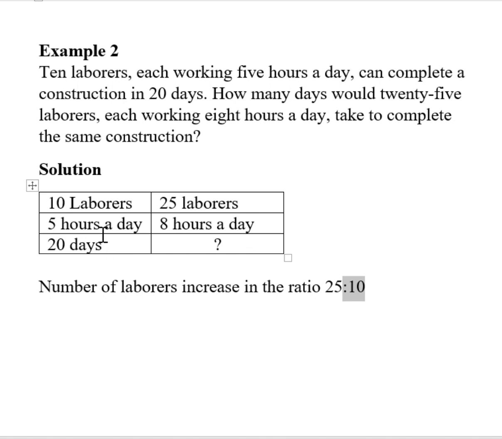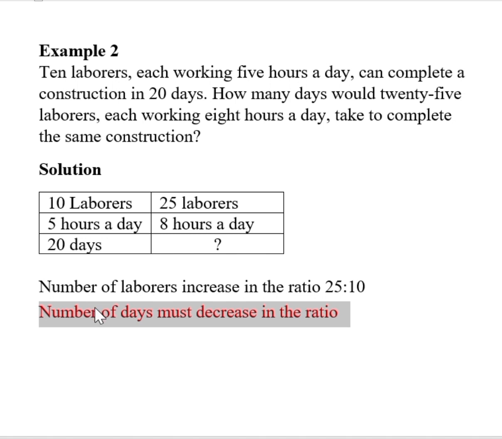So if you increase the number of laborers, it means they will work for a lesser number of days. The number of days they will work will reduce. So in ratio form, we shall say the number of days must decrease in the ratio. Interchange these figures. So it will be 10 to ratio 25. We interchange these ratios once we realize this one and this one are not the same. One is an increase, another one is a decrease.